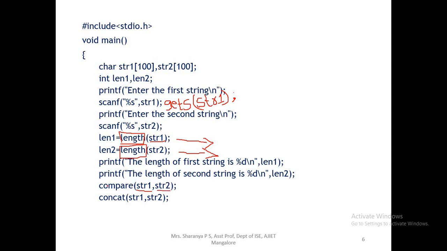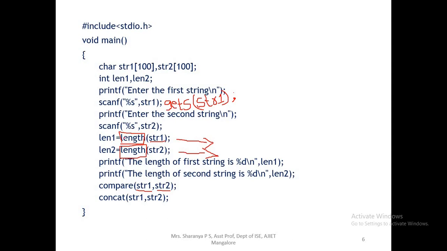That is, comparison is done with respect to two strings. The first string is compared with the second string. So we want two parameters, which here we represent like this. And even with the concatenation, we are concatenating string 1 and string 2, and the result is stored back in string 1. Next, finally, we are closing this main.